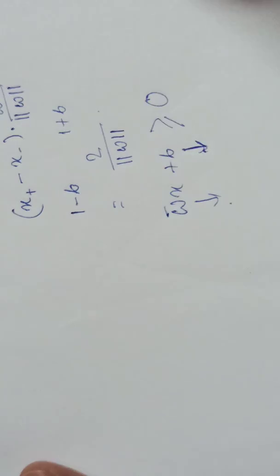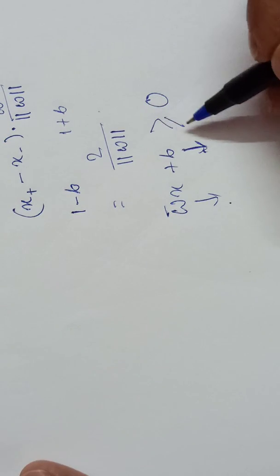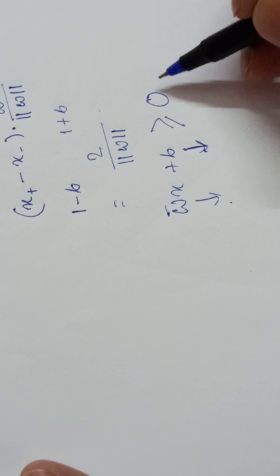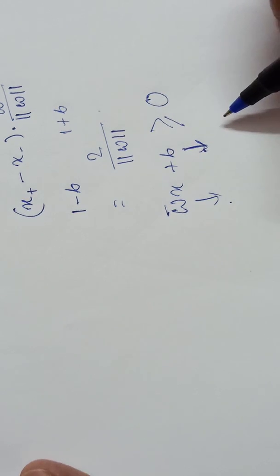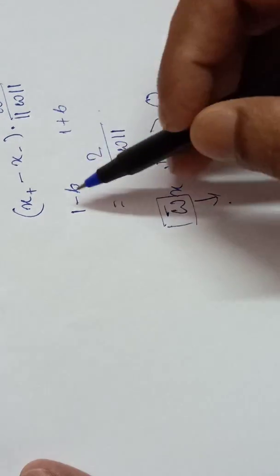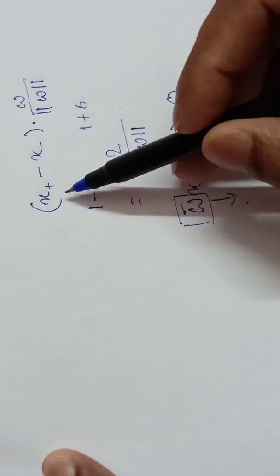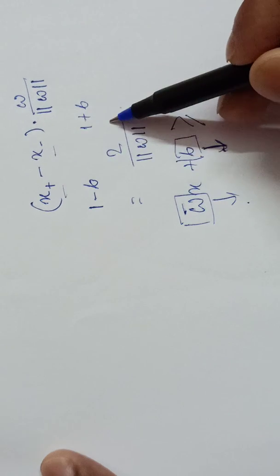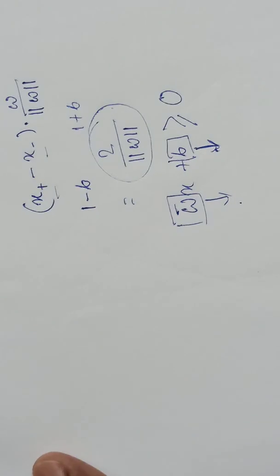If it is greater than or equal to plus 1, then we can say that it is the positive class. If it is less than minus 1, it will be the negative class. So our target is to find this w and this b, and the distance between a positive class and a negative class is 2 by norm w.